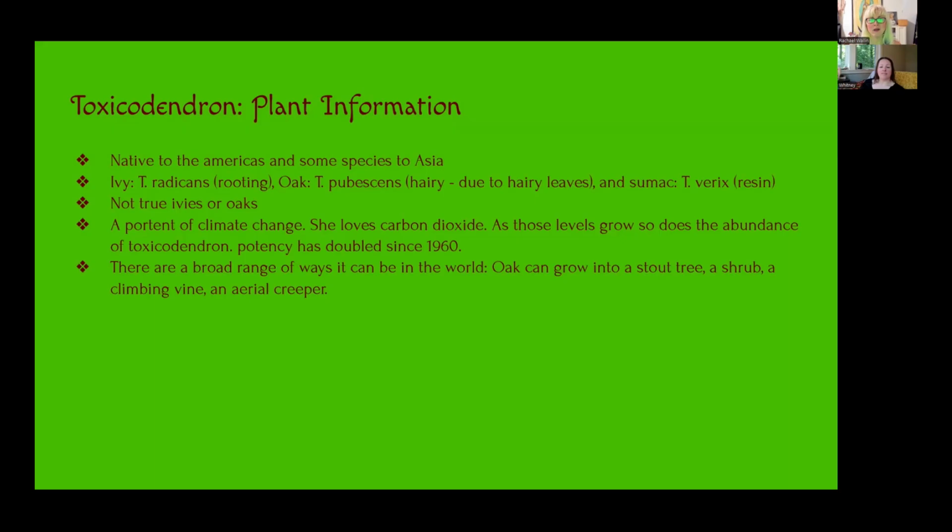And there's no one way that you find our lovely Toxicodendron. There's the creeping ivy, there's the oak that can grow into a stout bush, a shrub, an aerial creeper up a tree. There's a lot of ways that Toxicodendron can be in the world. And the Chinese version is Toxicodendron vernicifluum.